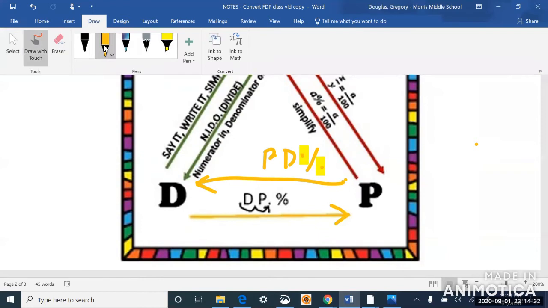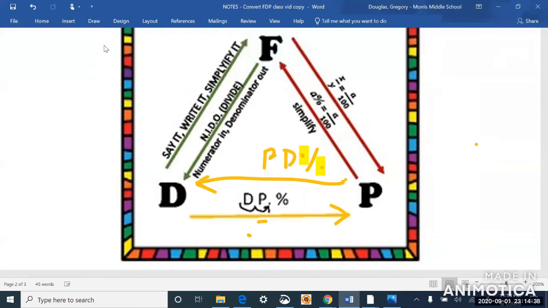So if I started at the bottom here with the decimal 0.5, okay, then they're saying move it 2 spots. So 0.5 is the same thing as 50%. But if I have 50%, I see 2 dots, I move it 2 spots the other way, and I get 0.5, okay?